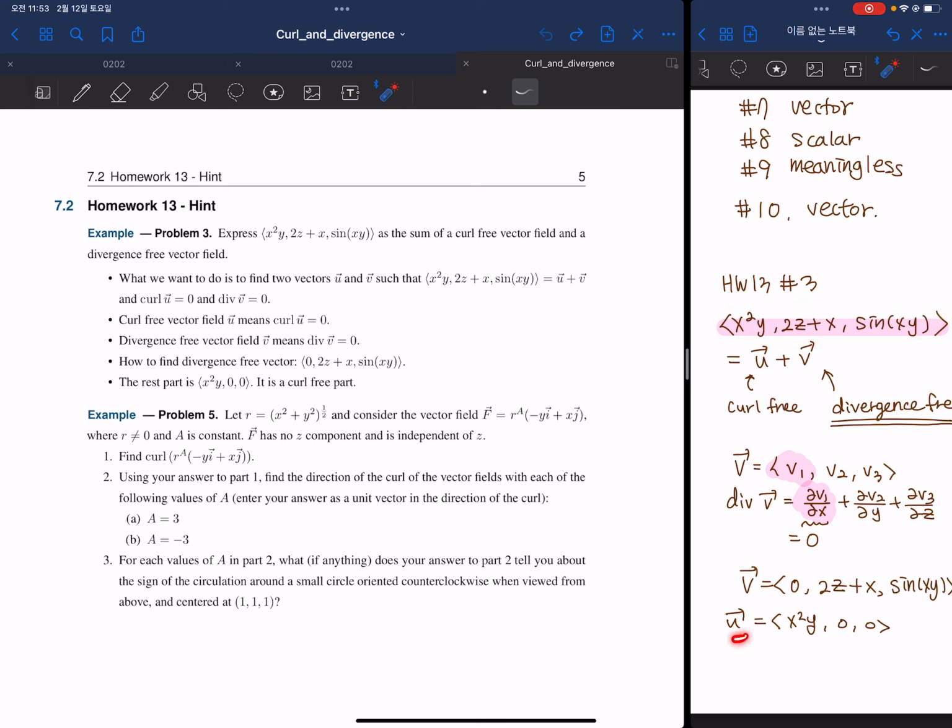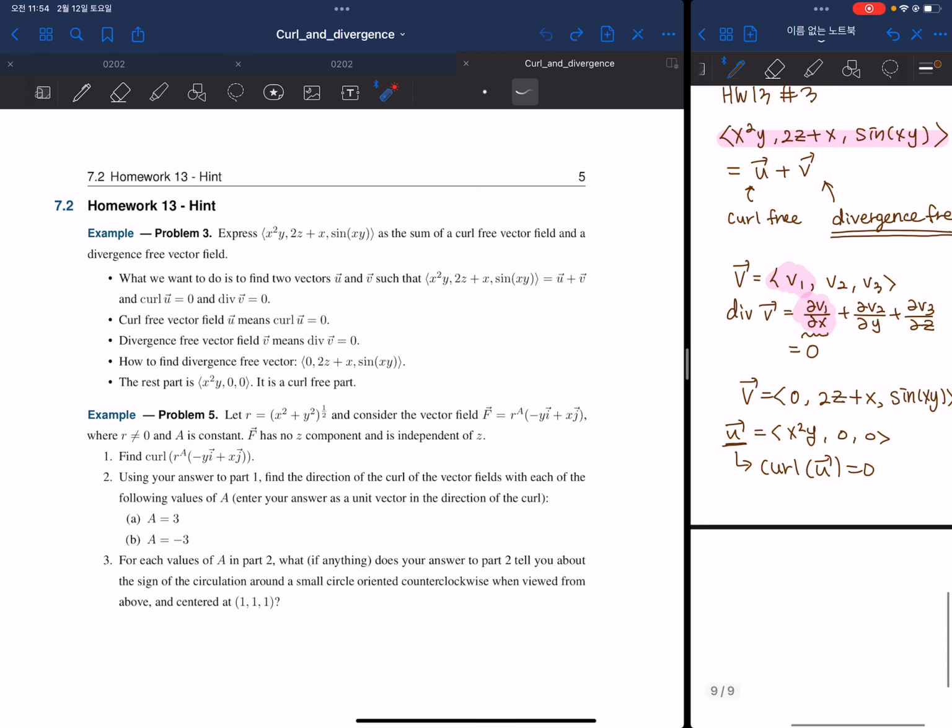And then you can check that the curl of u is equal to 0, okay? You can easily check it. Since curl of u is 0 and v is divergence-free, we can say u and v are what we want to find, okay?